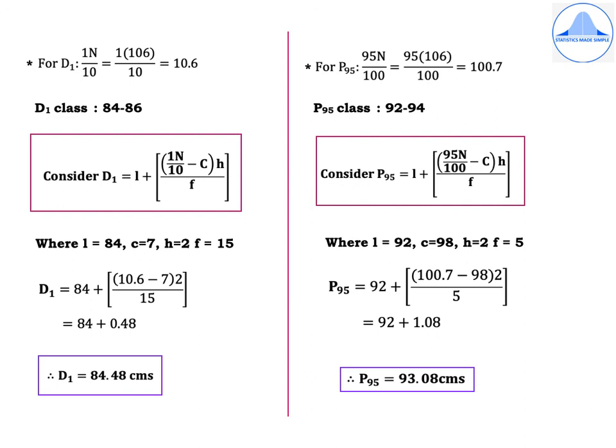Then consider P95 equal to L plus (95n by 100 minus C) into H divided by F, where L is equal to 92, C is 98, H is equal to 2 and F is 5. So you get P95 is equal to 92 plus (100.7 minus 98) into 2 divided by 5, which is equal to 92 plus 1.08, or P95 is equal to 93.08 centimeters.